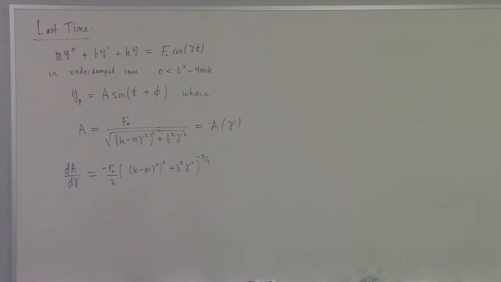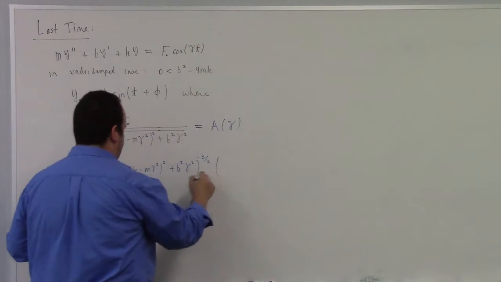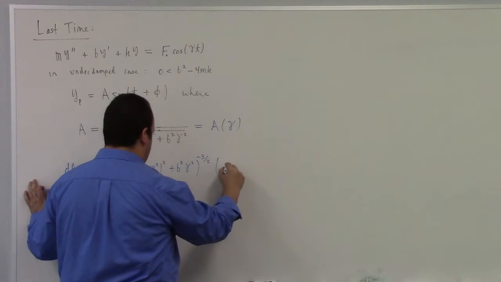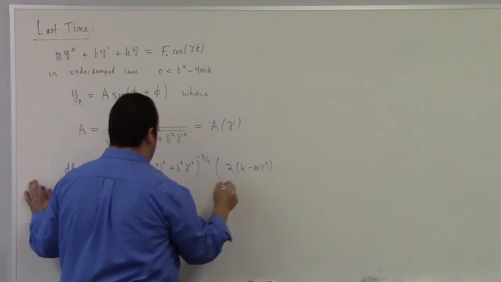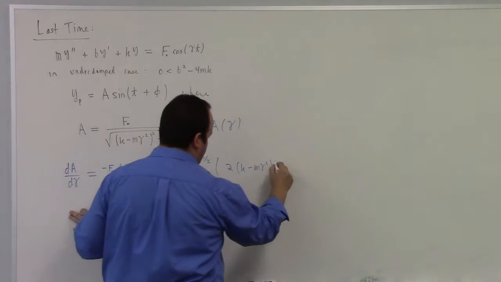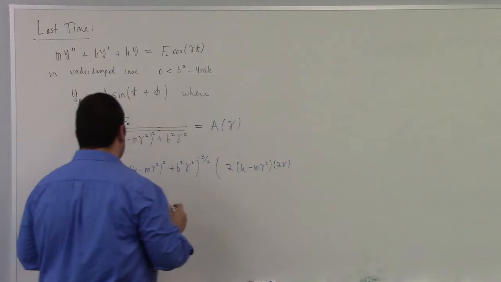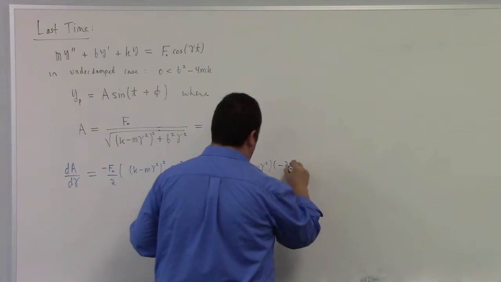Differentiating gives me that to start with. Then the chain rule says I have to differentiate the inside, so that times 2 times K minus M gamma squared.